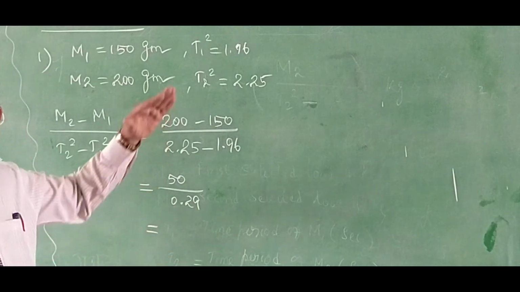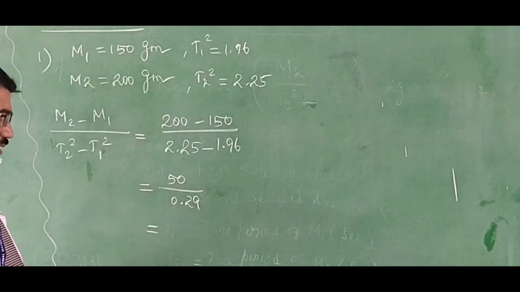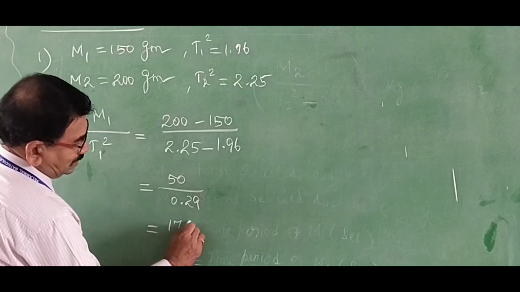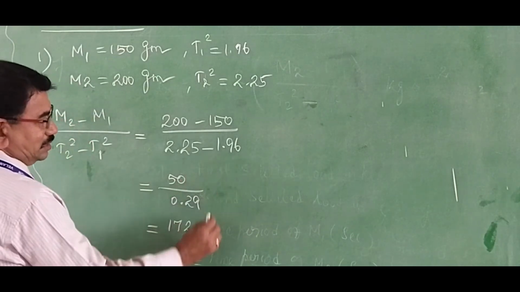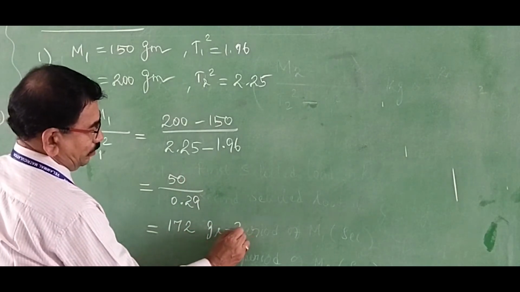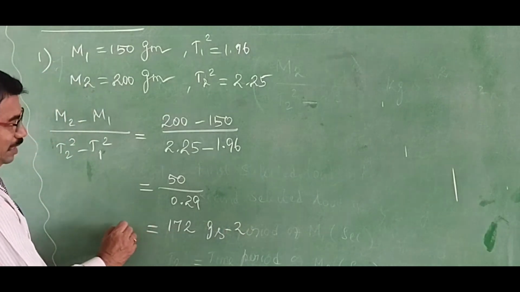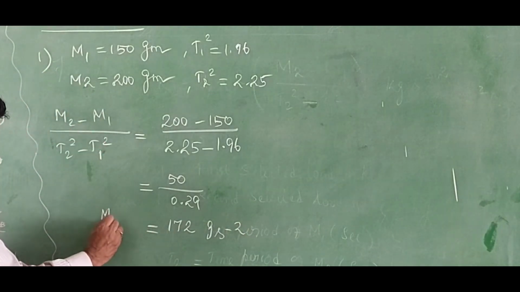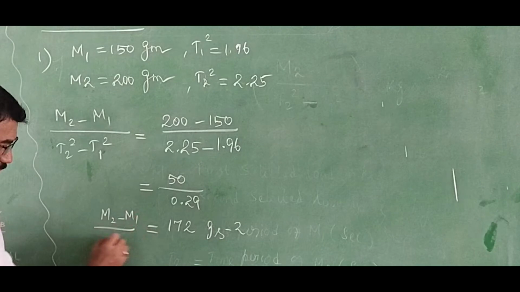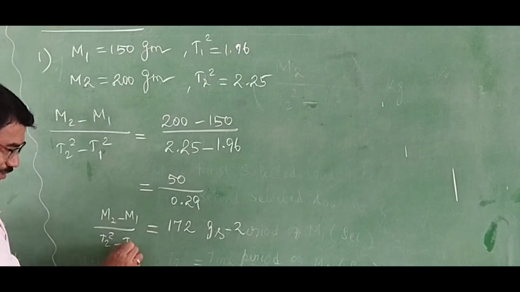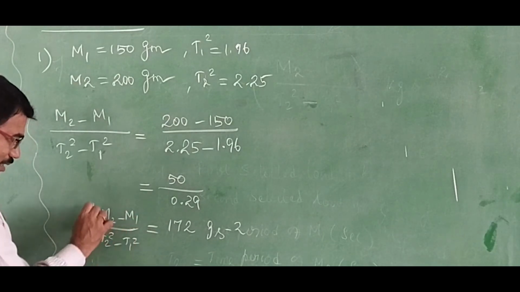While calculating, 50 by this becomes 172. This is obtained in gram per second square. This is nothing but M2 minus M1 divided by T2 square minus T1 square. That is the first step.